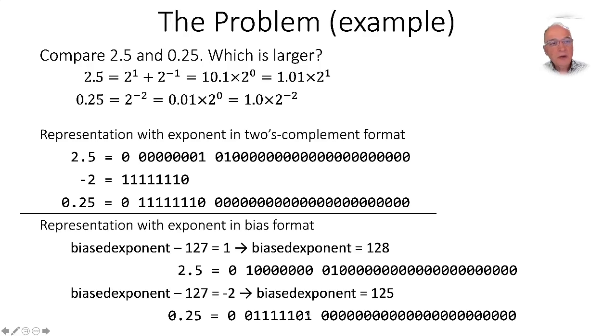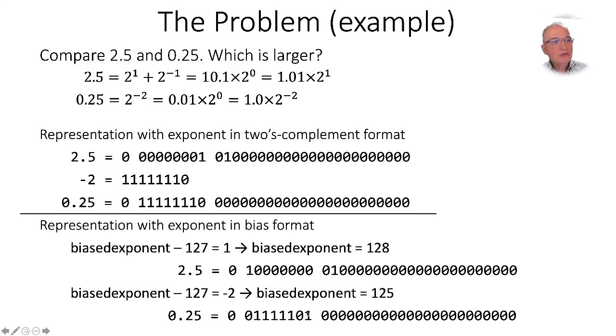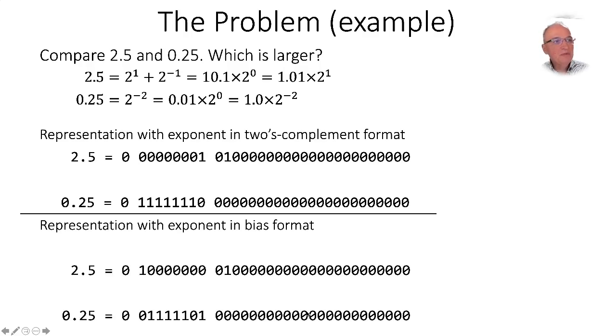And when I do the comparison now, I'm going to remove the intermediate steps and show only the representation. So those are the representations for 2.5 and 0.25. On the top, using the 2's complement, which is not what the standard does. And on the bottom, using the bias format.